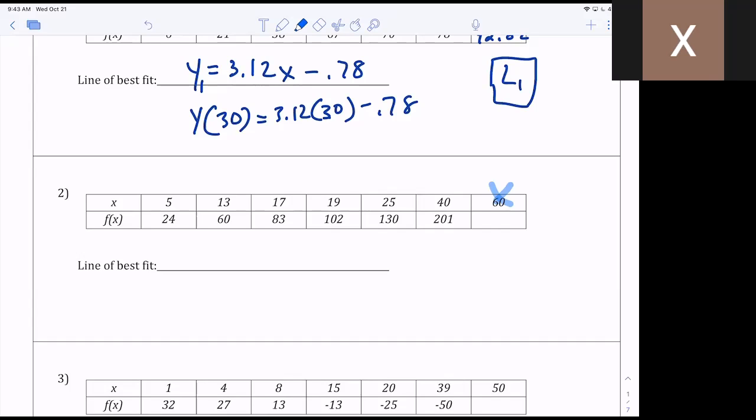If you hit zoom 9 and it doesn't work, that means you typed something in incorrectly. Stat, edit, now zoom 9, because you accidentally typed in something.